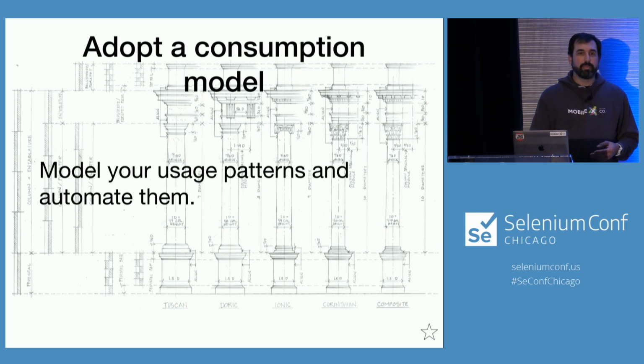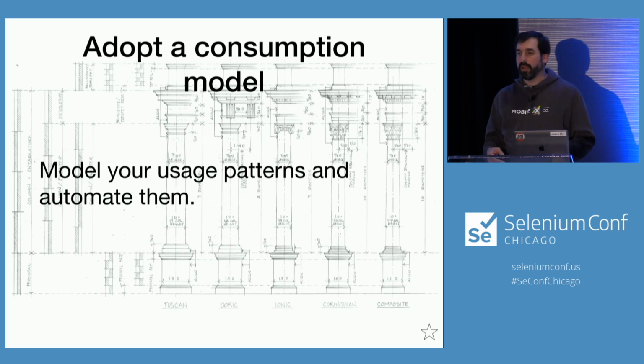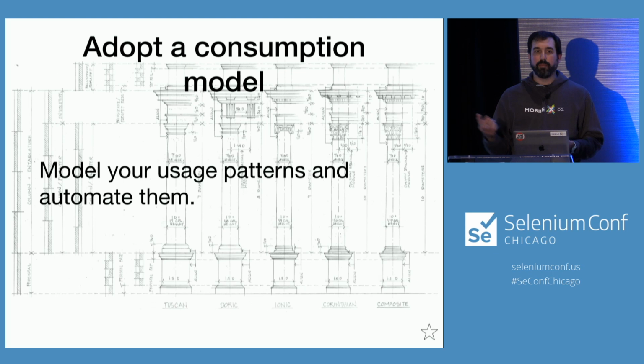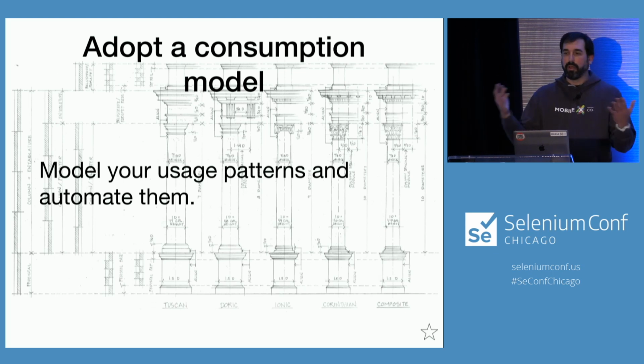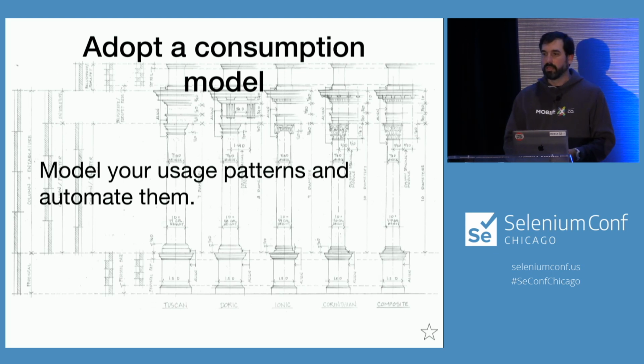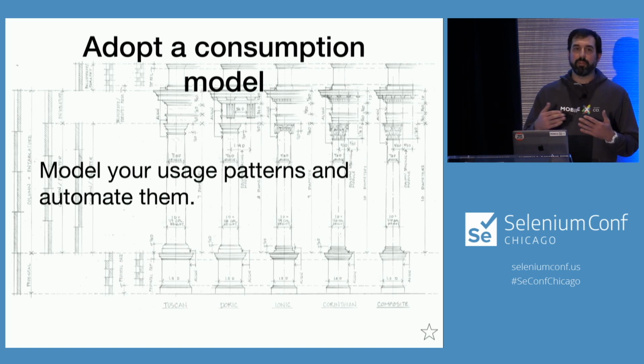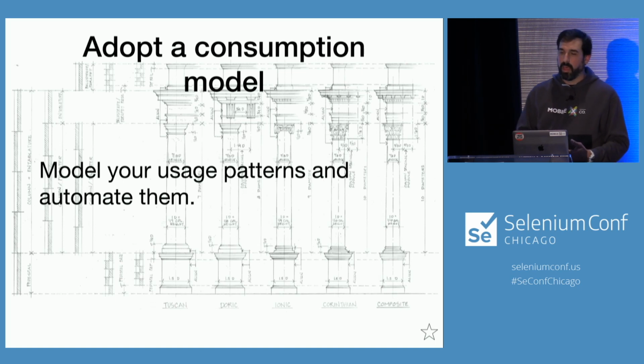And then spin it all up automatically at 7 o'clock in the morning so that when people are going to be using it. Or you could have your Jenkins job or your CI server light up your environment, or if your containers or whatever, run the scripts, destroy it. So figure out what your company's usage patterns are, automate them for cost optimization.